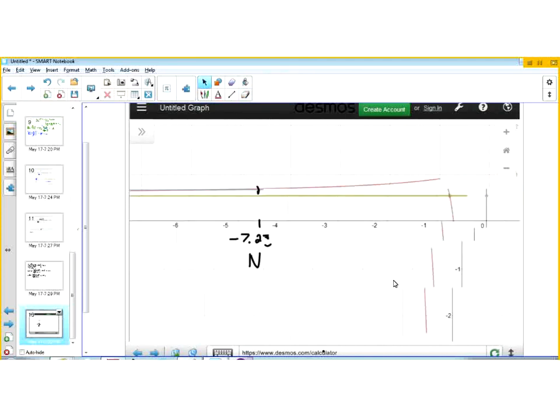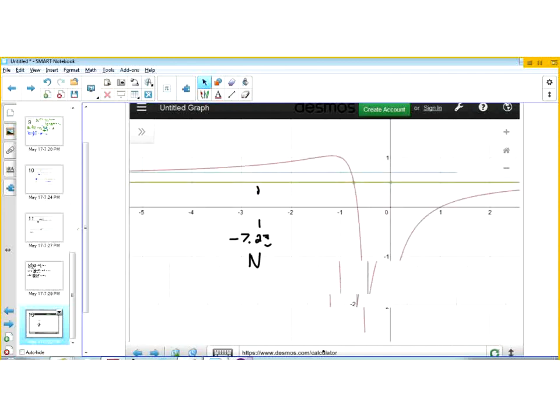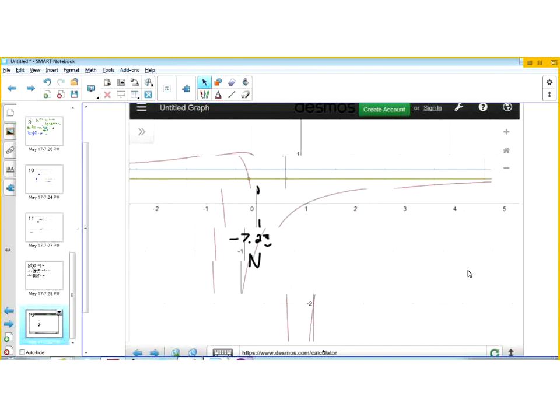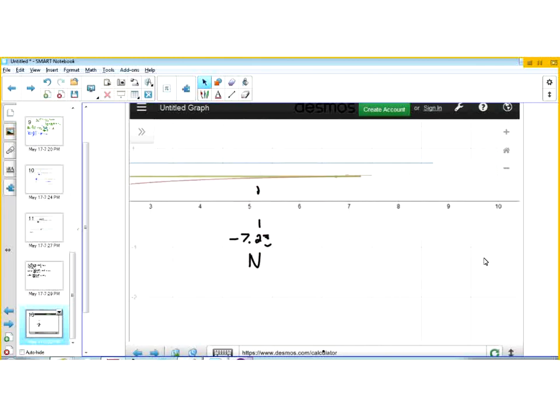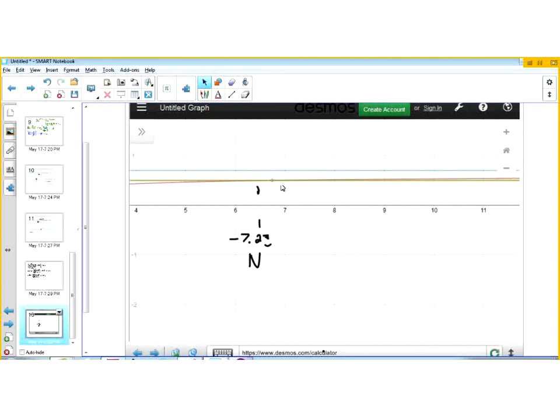Okay, so say starting right about here, perhaps at this value of x, it appears that the red function is bounded below by the green horizontal asymptote and above by the blue horizontal asymptote.